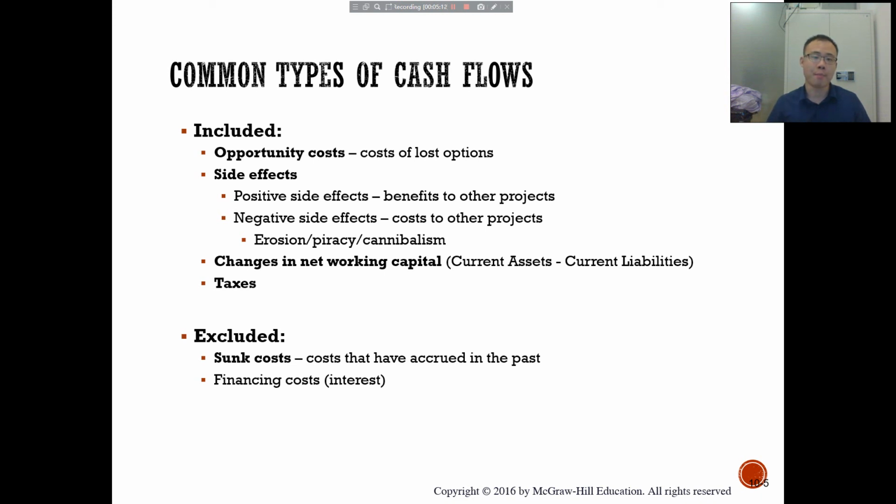Side effects. Positive side effects and negative side effects. They are benefits to other projects or costs to other projects. For example, if you are running a health company, a company to sell health products, and you also have another company that sells cigarettes, then the second company will have a negative side effect on the sales of your first company.